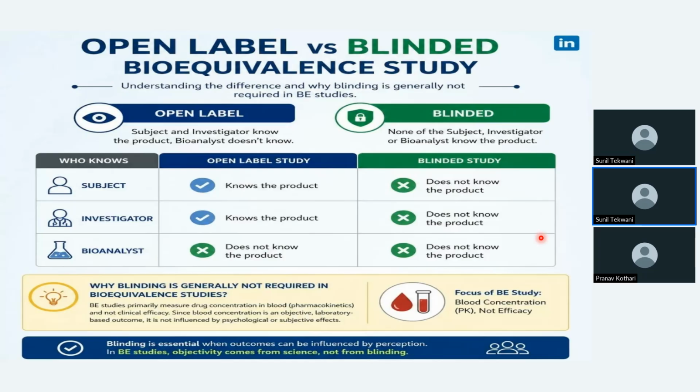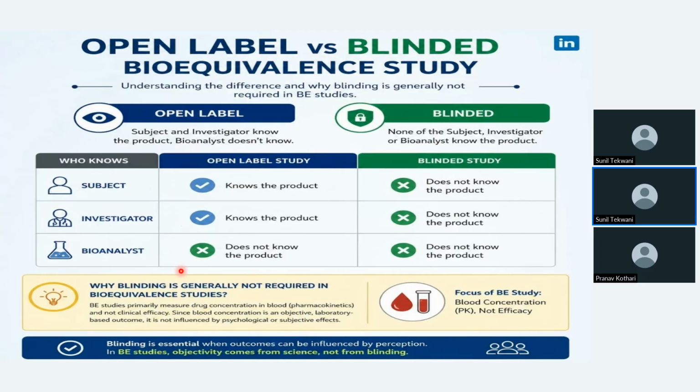But if they do not know whether they are taking innovator product or test product, then that placebo effect will be removed. So the actual efficacy or safety of the drug will be known through the clinical trial. But why in this bioequivalence study we are not doing blinded study? Because the bioequivalence study's purpose is to measure blood concentrations, not efficacy or safety.